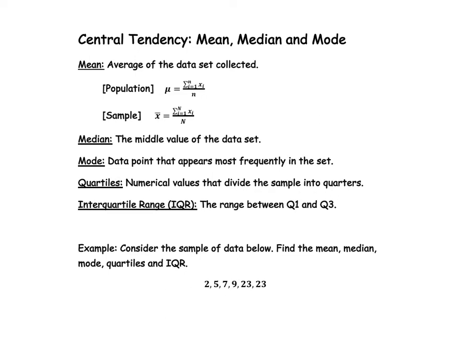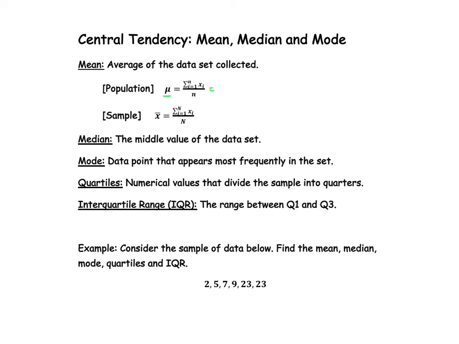Okay, central tendency. All right, these are some basic ideas: mean, median, and mode. When we look at the mean, it's the average of the data that has been collected. So within a population, right, again, I see mu, that tells me population. This set would be the average of all the x's.